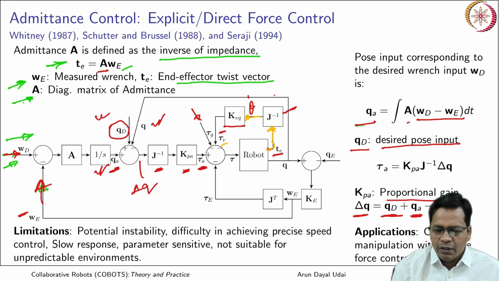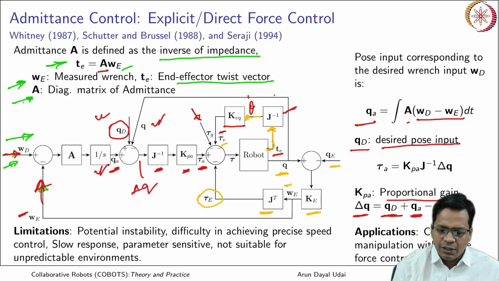Similarly, it is calculating the torque due to the forces felt at the end effector. Robot position minus environment position multiplied by the stiffness of the environment gives you the wrench due to the environment interaction. This wrench multiplied by the Jacobian transpose gives you the torque due to any environment interaction.